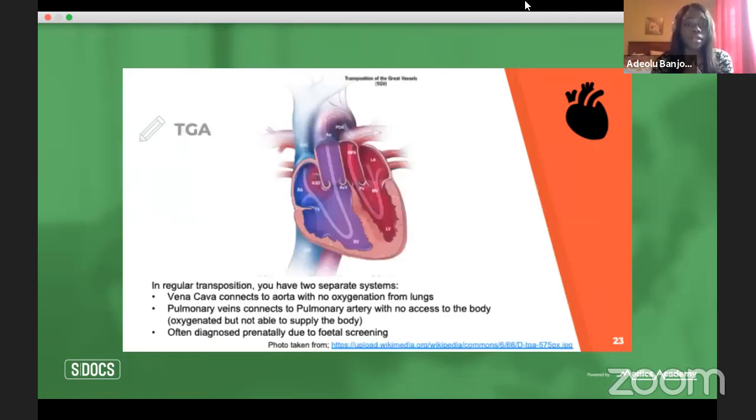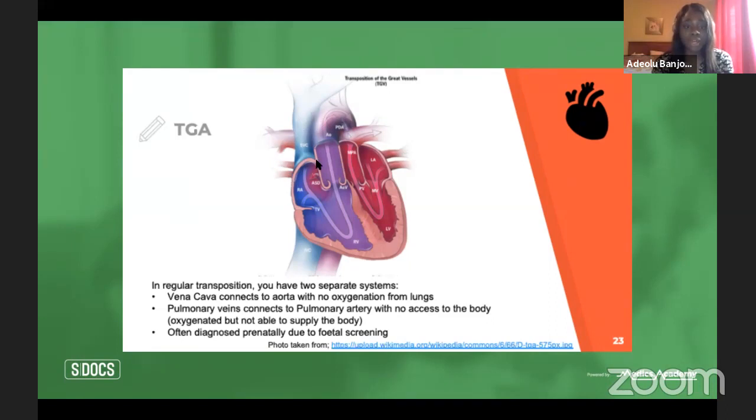The first example of a right to left shunt is transposition of the great arteries. In a regular transposition of the great arteries, or TGA for short, you have 2 separate systems that form. The vena cava, your SVC and your IVC, connect directly to the aorta with no oxygenation from the lungs.